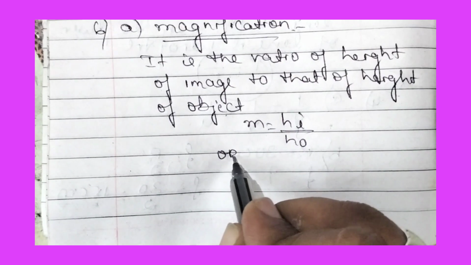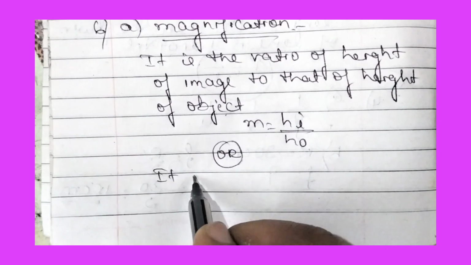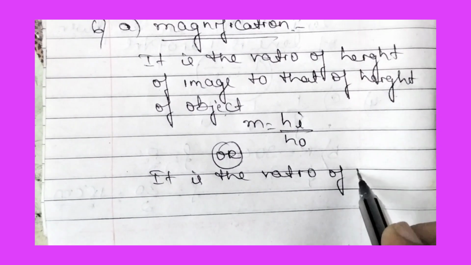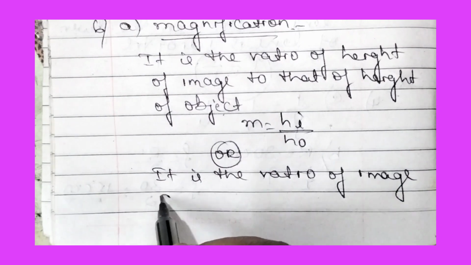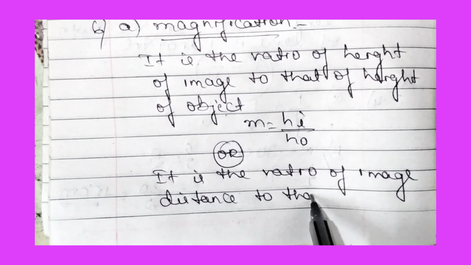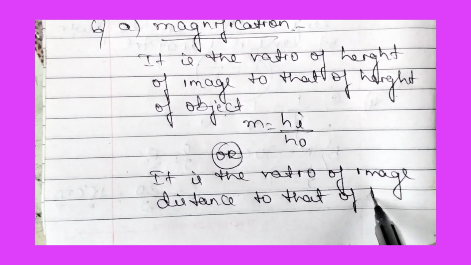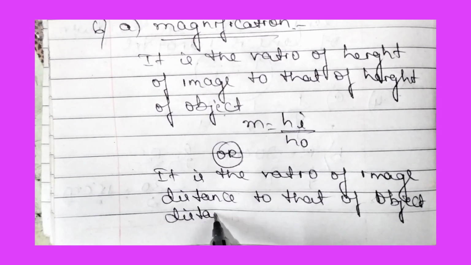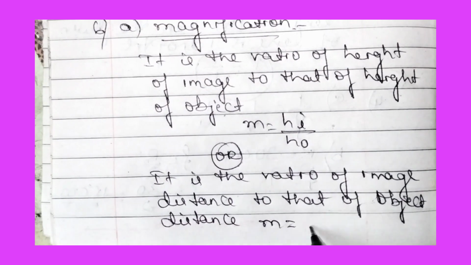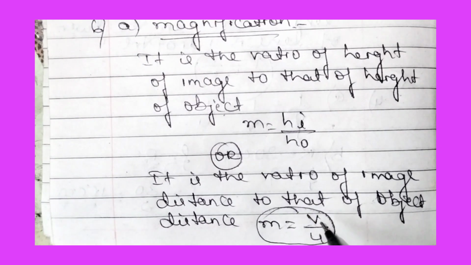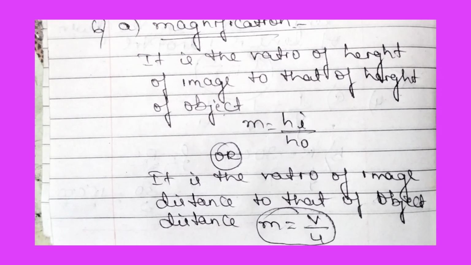Or it can also be defined as the ratio of image distance to that of object distance. So magnification is equal to V by U, image distance to that of object distance. This is what we call magnification.